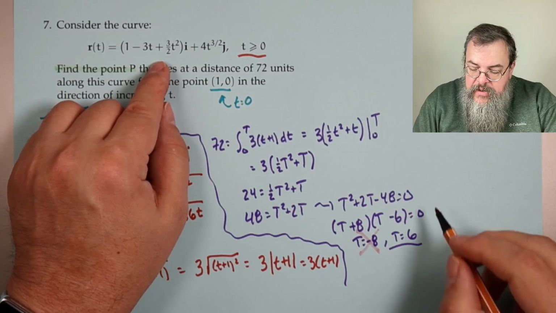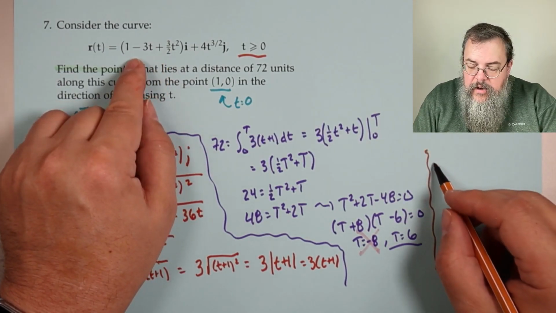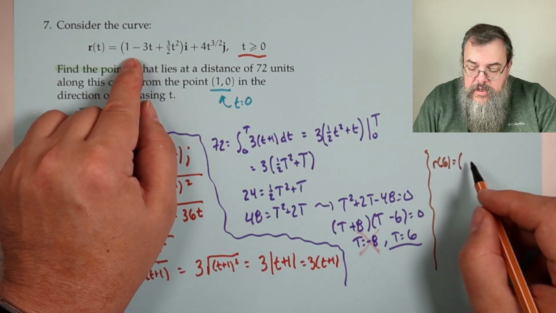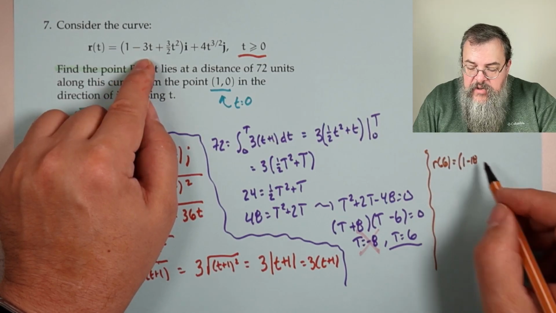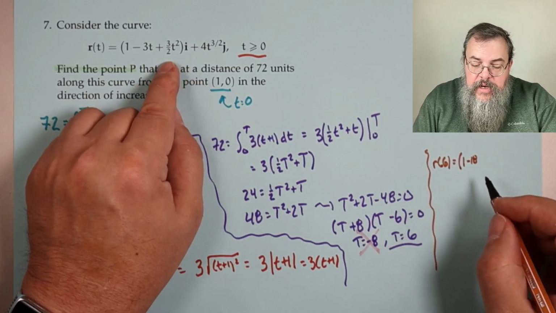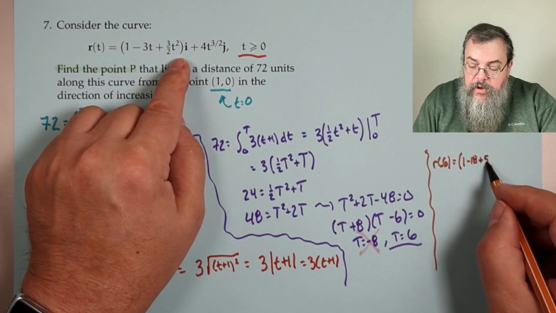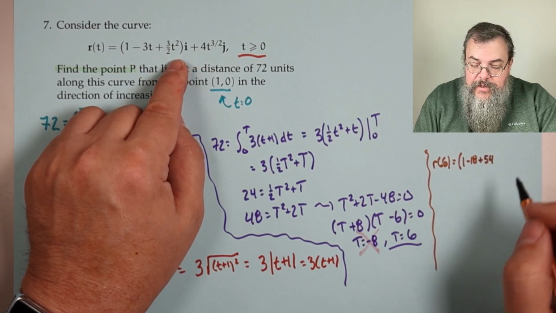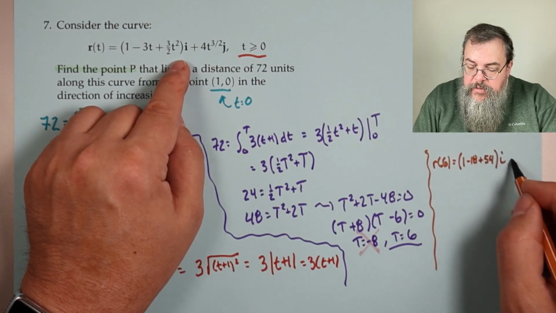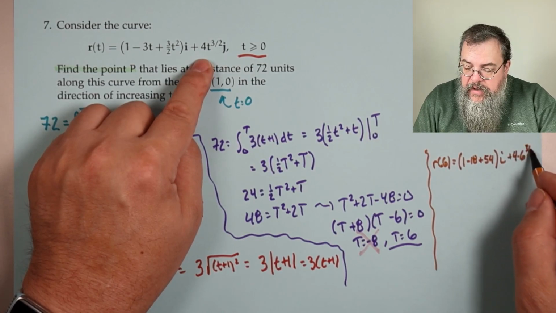So our r of 6: we get 1 minus 18, 6 times 3, and then 36 divided by 2 is 18 times 3 makes 54. So that's the first slot. And then the second slot would be 4 times 6 to the 3 halves.